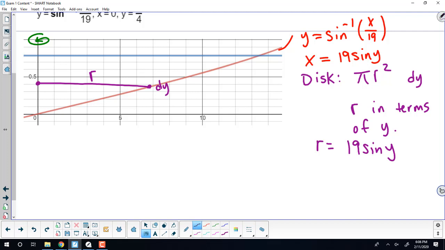Our volume is given by pi r squared times the thickness. So we'll say volume is the integral of pi times r squared dy.